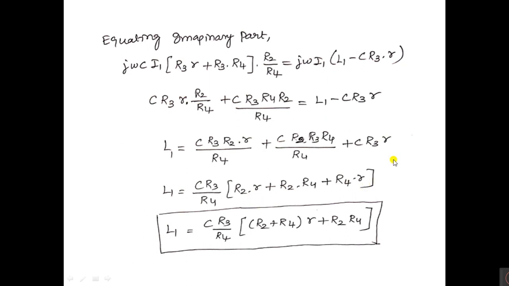This first and third term small r is constant, so I am going to take it as common. Now the final expression of unknown inductance L1 is CR3 divided by R4 into R2 plus R4 into small r plus R2 into R. This is our ultimate aim, to calculate the unknown inductance of this Anderson bridge.